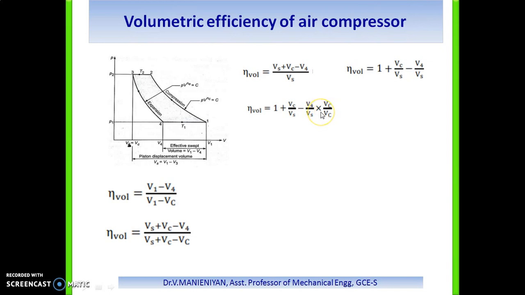Here we introduce a further term: C equals Vc by Vs, which is called the clearance ratio. So the term becomes Vc by Vs into V4 by Vc.